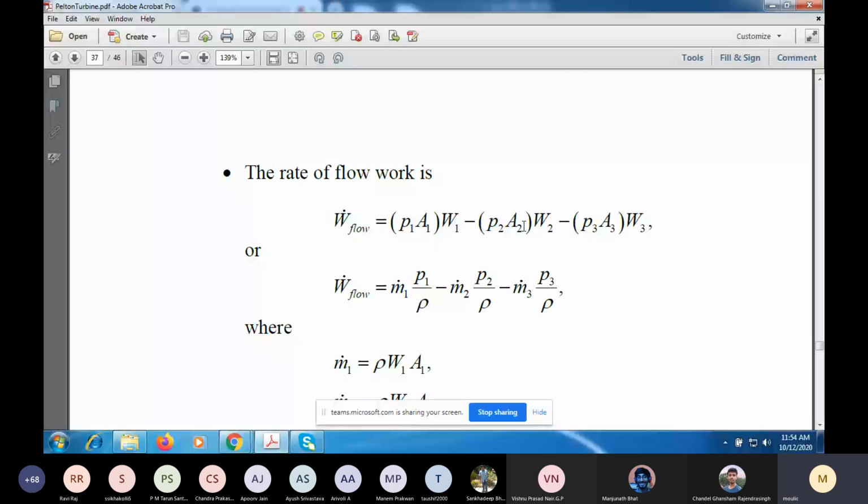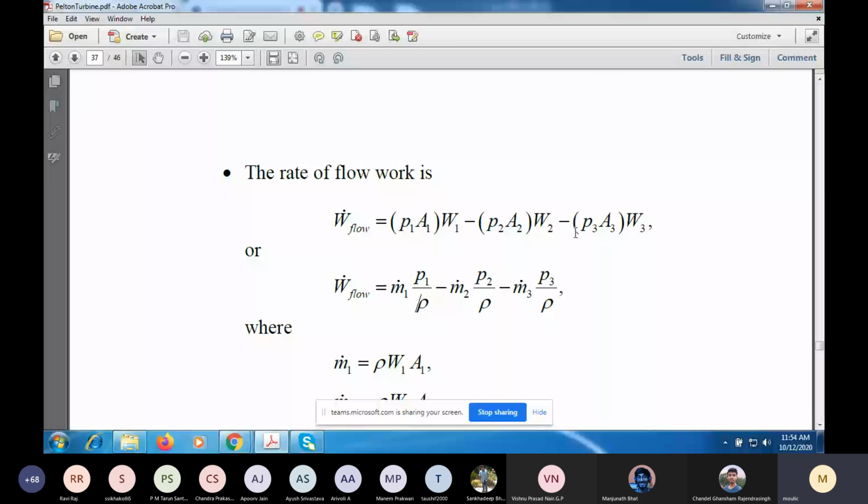Now A1 times W1 is the volume flow rate of fluid entering the translating control volume, which is the mass flow rate divided by rho. Rho is constant, it's a liquid. So here A1 W1 I can write as m1 dot divided by rho, and A2 W2 I can write as m2 dot divided by rho, and A3 W3 as m3 dot divided by rho.